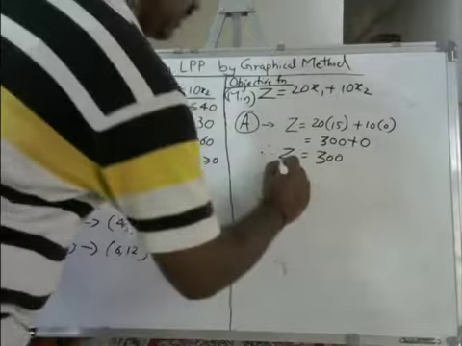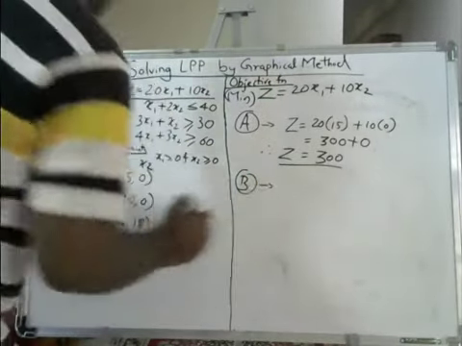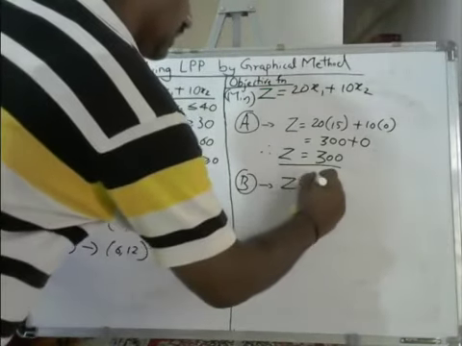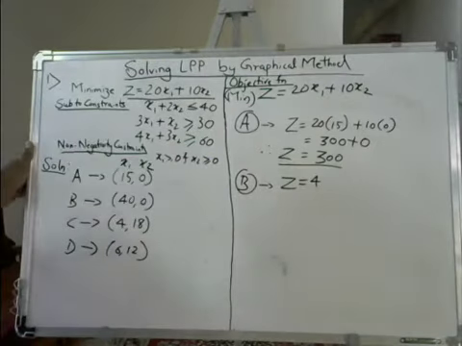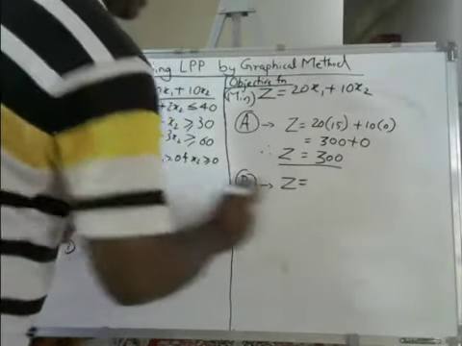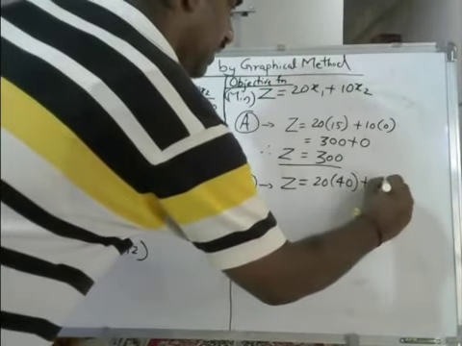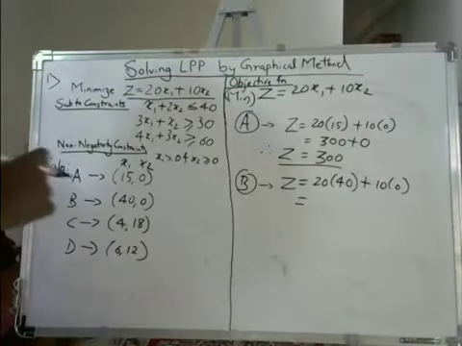Okay. Now, for B, if you substitute 40 and 0 in this, z is equal to 20 into 40 plus 10 into 0, you will get z as 800.